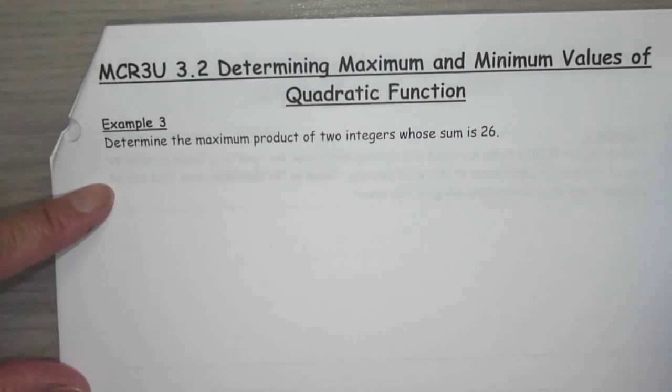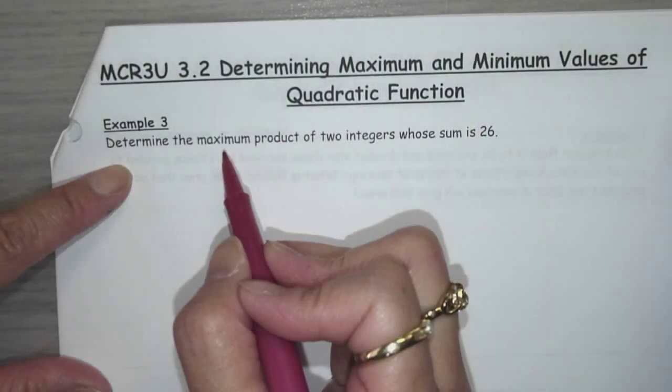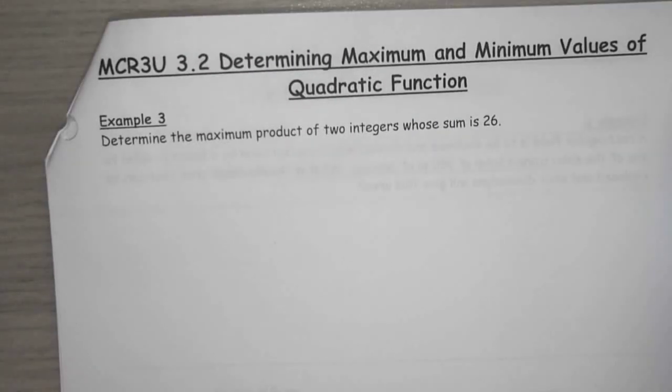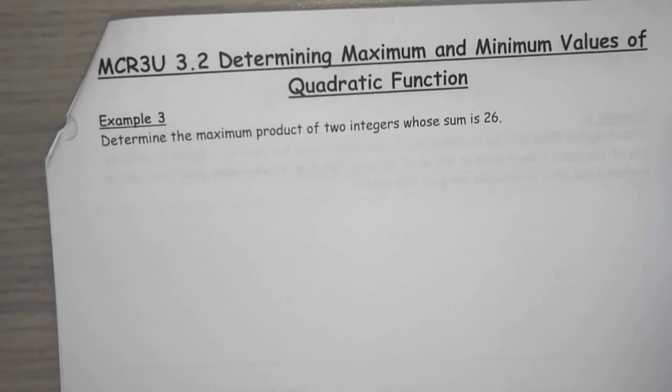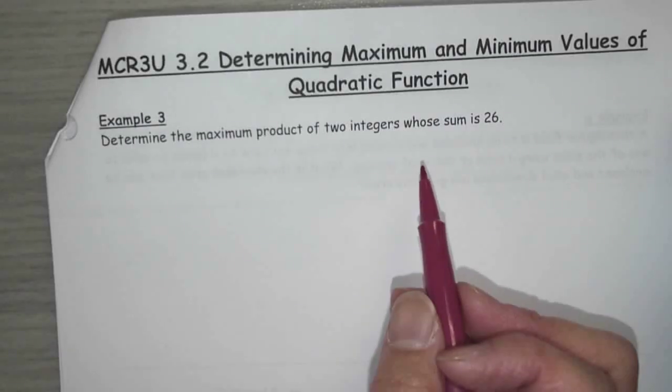So the number problem, we have two integers whose sum is 26, and I want the product to be a maximum. So if I want the product to be a maximum, then I want you to make up an equation. My equation has to have a left and a right side, right?